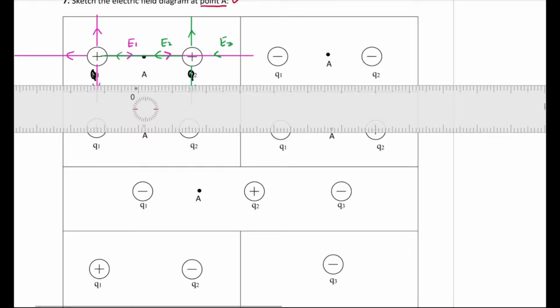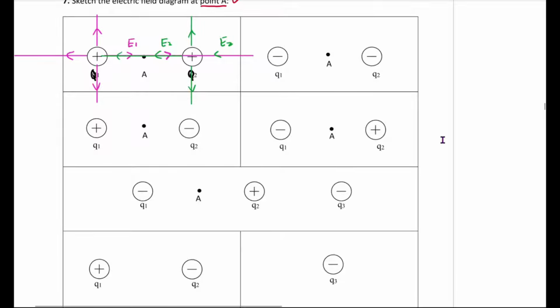Jadi bila you nak lukis direction of the electric field at point A, okay, so dia akan jadi macam ni lah. Kalau dekat point A tadi, okay, dia akan jadi E1 dia ke mana? E1 yang colour pink tadi kan, iaitu to the right. Okay, and then you letak you punya pen untuk E2 is to the left.